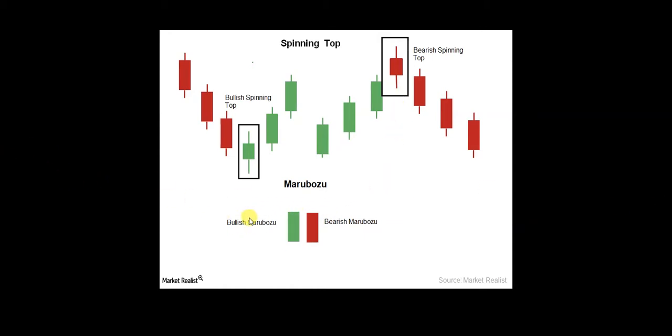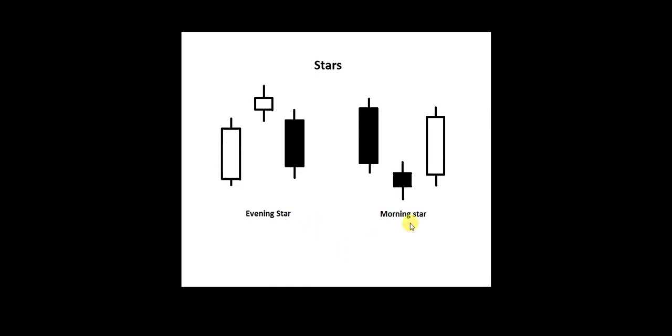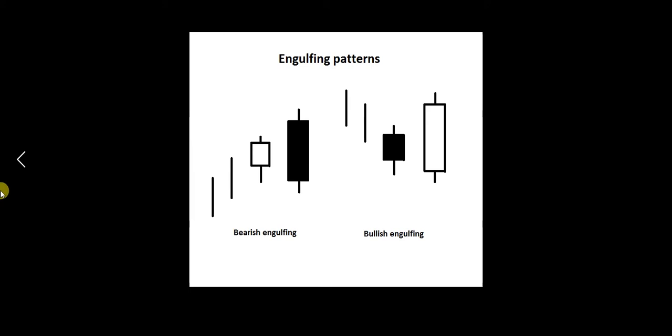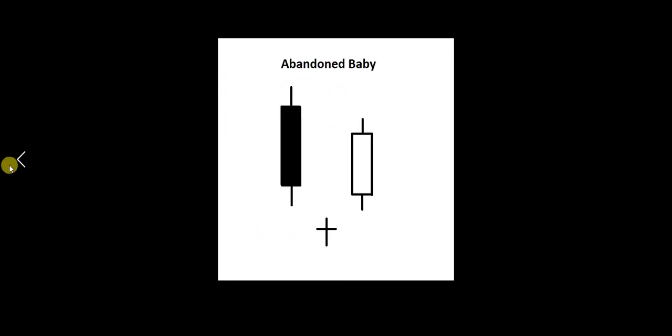but I will tell you that for the best candlestick formation patterns to use for reversal or for trading yourself, it's better to focus on evening star, morning star, hanging man and hammer, and especially engulfing patterns.